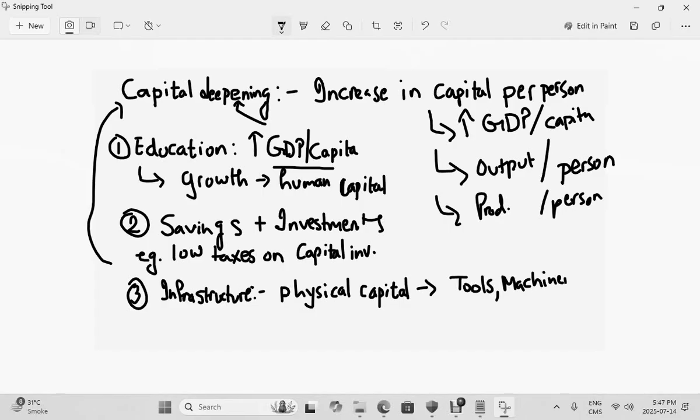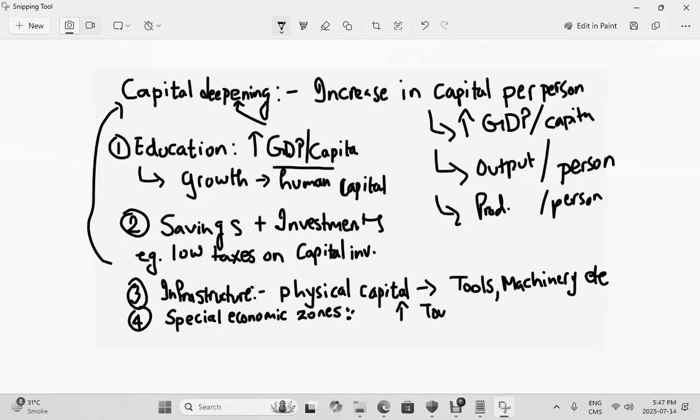All right, and the next one has to do with special economic zones. When it comes to special economic zones, we're looking for high tourism.